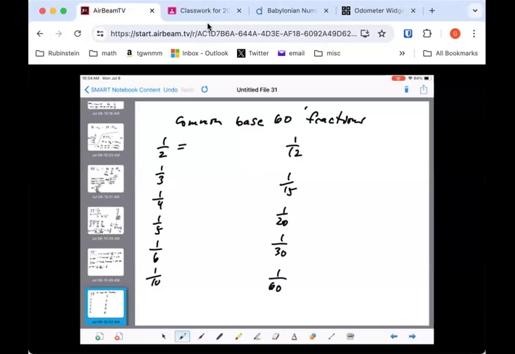Okay, so we have 30, 20, 15. A fifth of an hour is 12 minutes. A sixth of an hour is 10 minutes. For a tenth of an hour, it's 6 minutes, but I'd prefer you write 06 so that these sexagesimal places themselves always have 2 digits in them.